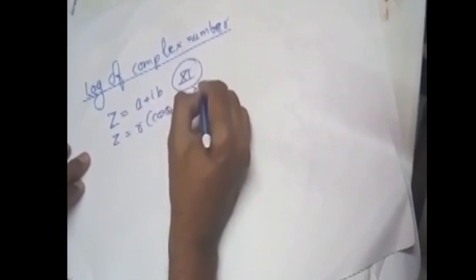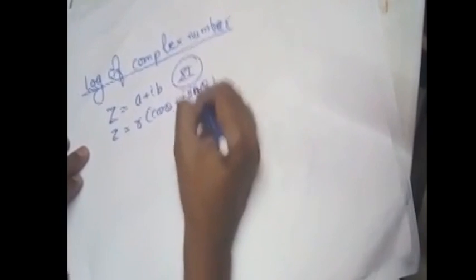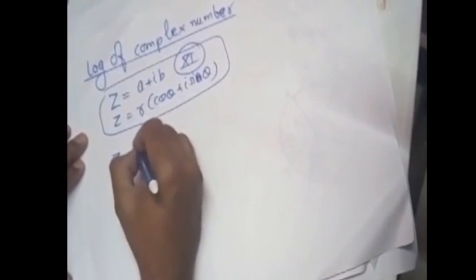In class 11 we have read z equal to r into cos theta plus i sin theta. This is called the polar form. And recently we have read that z is equal to r into e power i theta. It is very easy for taking out the log.